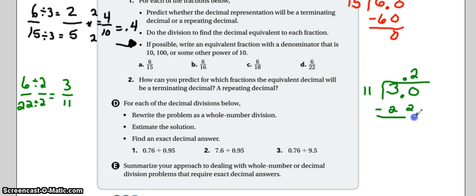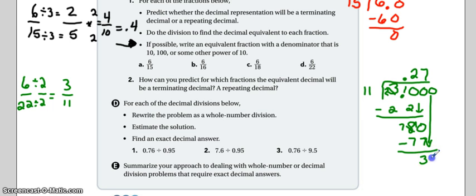So we subtract, and we get an 8. We add another 0 and bring it down. 11 can go into 80 7 times, and that gives us 77. Then we subtract, and we get a 3. Of course, we need to do this properly, so we're going to add another 0. I get a 30.